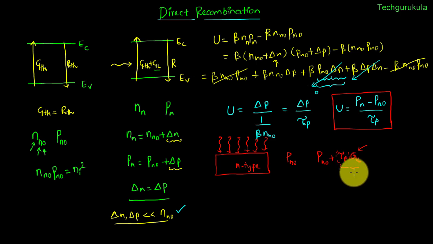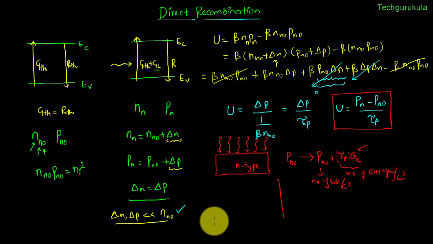So basically the units of this one would be number of electron hole pairs generated per unit volume, let's say centimeter cube. And we know this unit is also number of holes per centimeter cube. It matches. So the concentration would change from Pn naught to Pn naught plus tau P times GL. The time variation of carrier concentration would look like this.